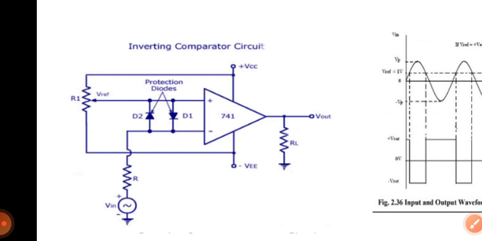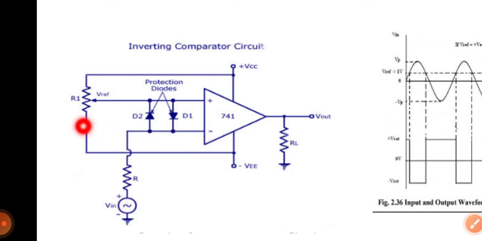In the voltage divider with the DC supply, plus VCC and minus VEE, V reference becomes negative when it moves towards minus VEE.